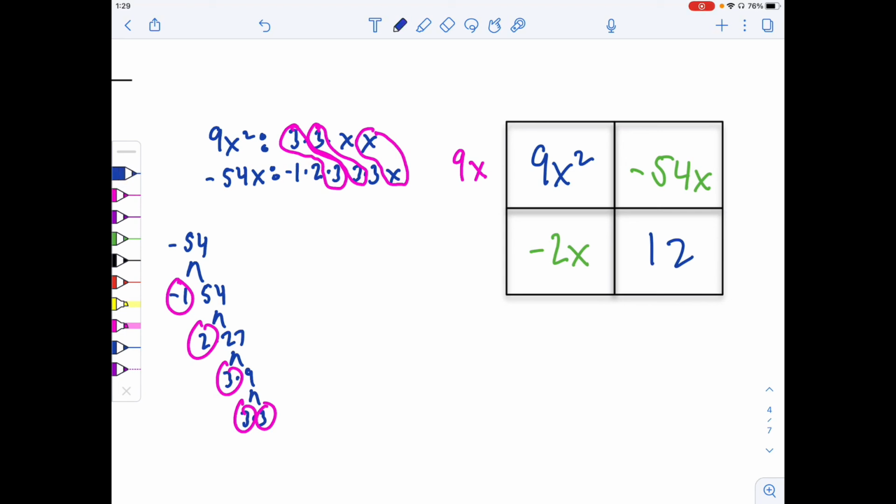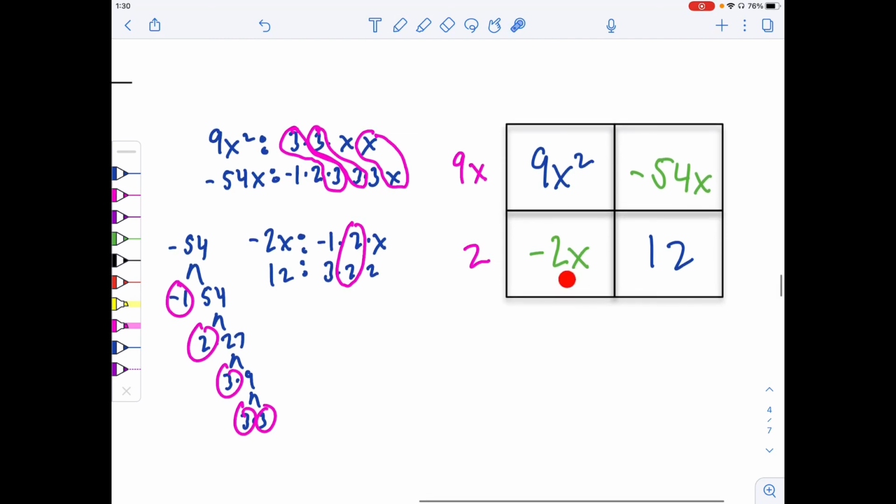Then we go to the next one. Negative 2x and 12, that's this next row. So negative 1, 2x, which is 3 times 4, which is 3 times 2 times 2. Common term, 2. Remember, if this is negative, we're going to make this negative 2.